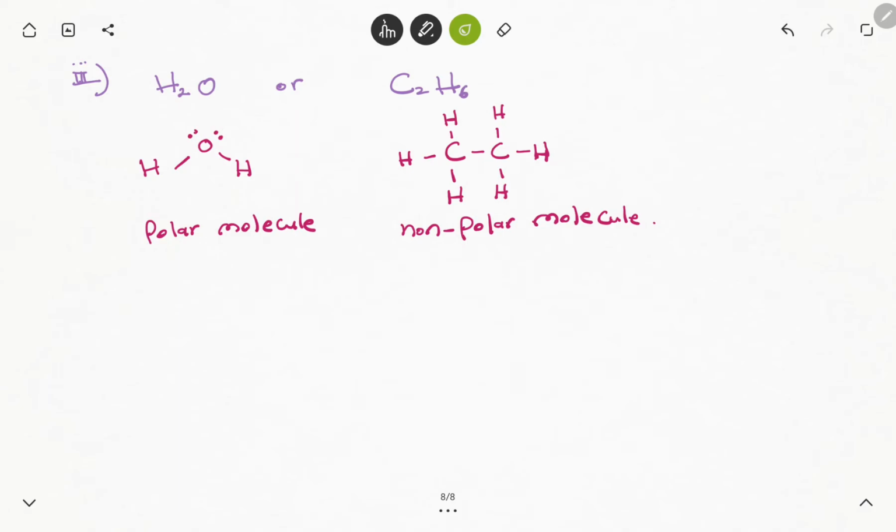Remember that we need to have H bonded to F, or H bonded to O, or H bonded to N in order to form hydrogen bond between molecules. So H2O can form hydrogen bond between molecules while C2H6 cannot, because the hydrogen atom here is bonded to carbon, not fluorine, oxygen or nitrogen.